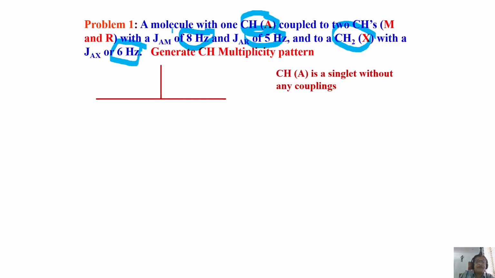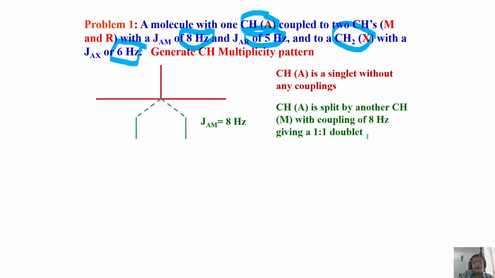You can take this coupling first and make it a doublet, or this first and make it a doublet. Doesn't matter. First we will couple with M, it's 8 Hertz. You can take R also, no problem. I took M and the separation is 8. So this CH proton splits this into a doublet.